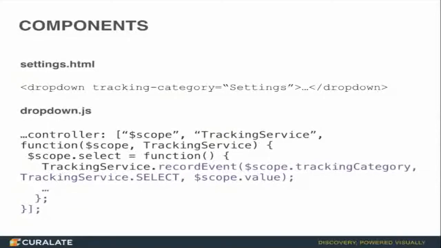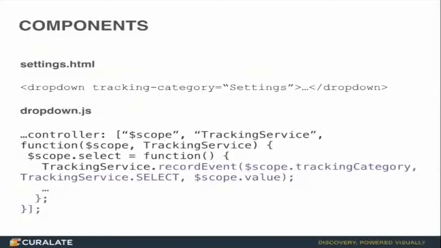Another benefit for components is that you can bake functionality into it. This is kind of a non-obvious example, but it's a really powerful one that we use, and it's adding instrumentation to components. And what I mean by instrumentation is if you're using Google Analytics or some other web tracking tool, you want to see how users are using your application, and you don't want to have to build that every time you build a new page.